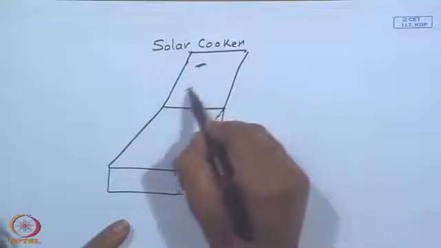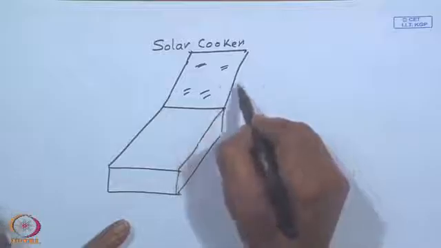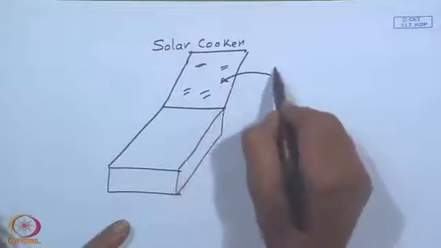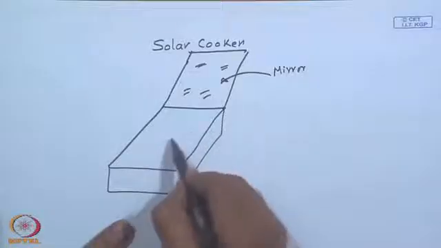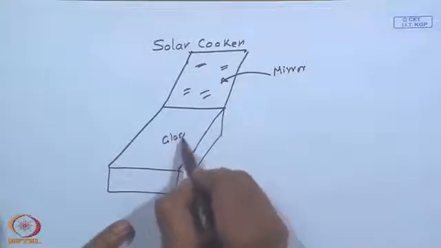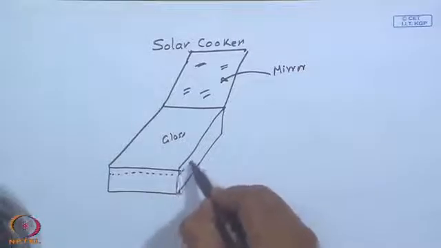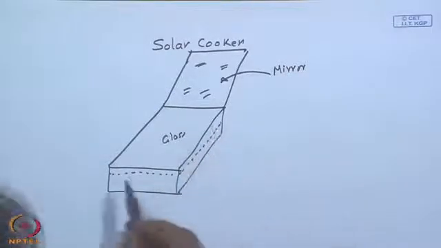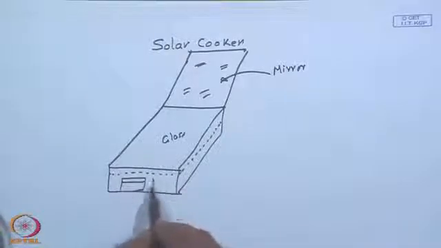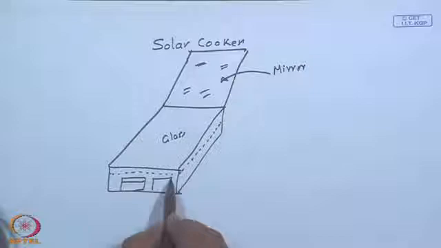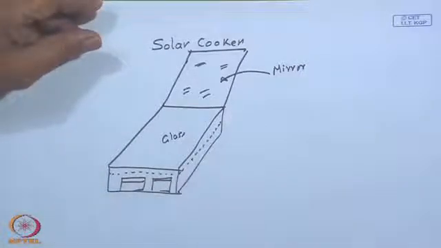This may be a glass mirror, sorry, and this is glass. There could be even two, and then you have got your utensils. Place 3 or 4 of them as the case may be.